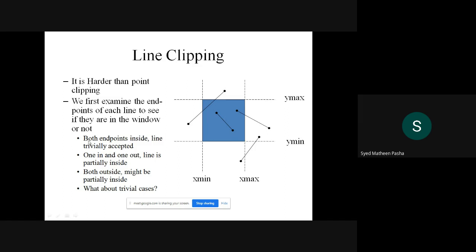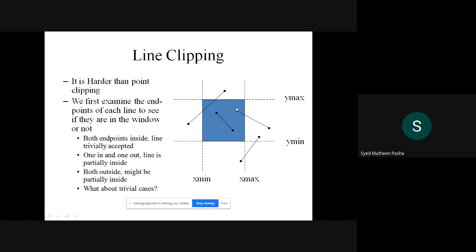Then we check both endpoints inside: the line is trivially accepted. That is, if the line is passing through that window, you check whether the endpoints are coming under the window or not. Then one in or one out: the line is partially inside. You will check this also. First, you check if the whole line is inside that window.